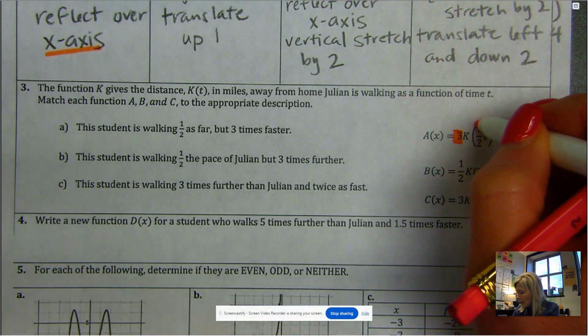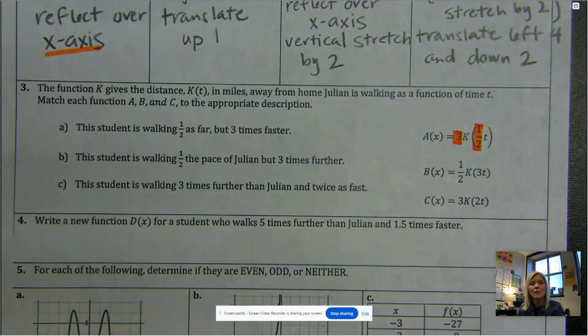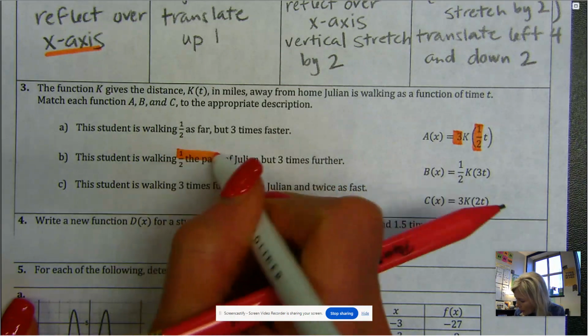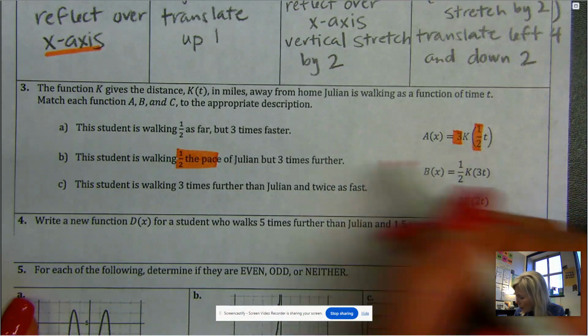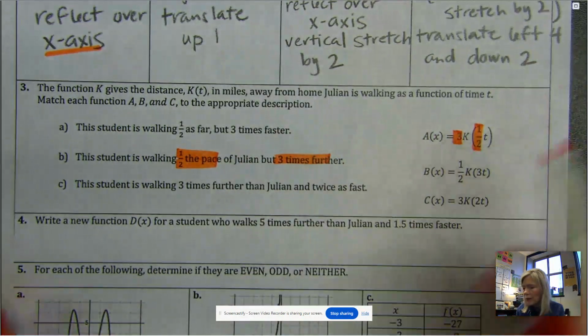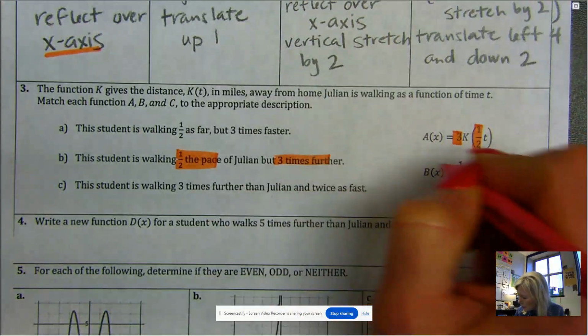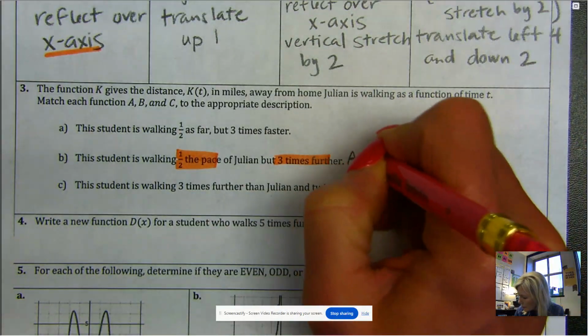And scaling the input by 1/2, that means the speed is half the speed. So it looks like B, the student is walking half the pace. So that would be the 1/2 and 3 times farther. So that would be the 3 there. So these match up. This is A of X.